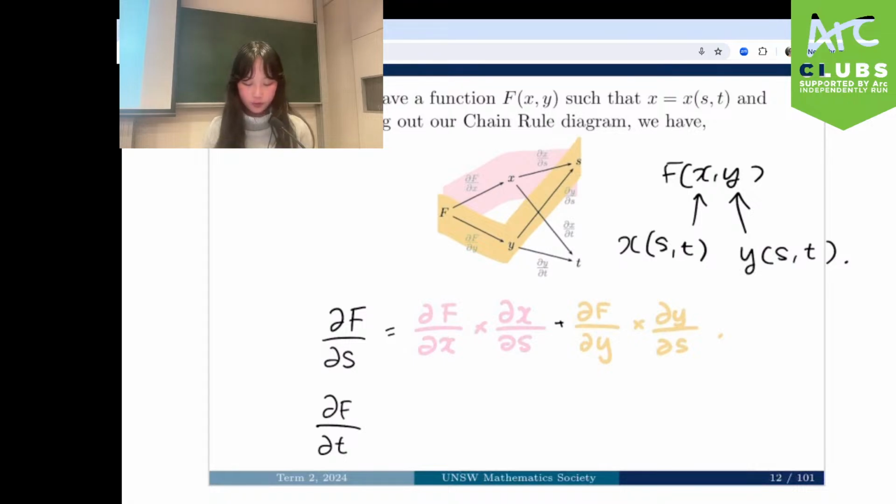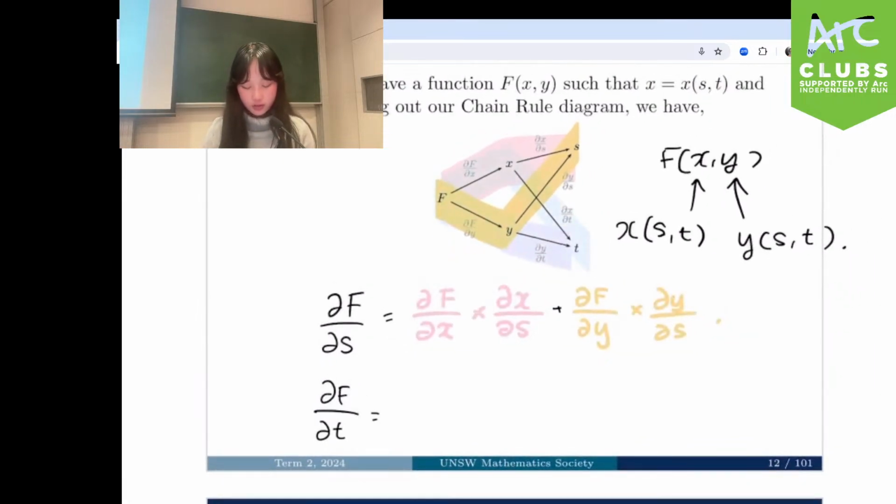Let's try to do that for f and t. So I'm going to pick some different colors. And once again, we're still playing that game of finding as many pathways as we can to get from f to t. So here's one. And here is another one. Okay, colors are kind of muddled, but I hope you can see that the path in blue is denoted by delta f on delta x multiplied by this bit, delta x on delta t.